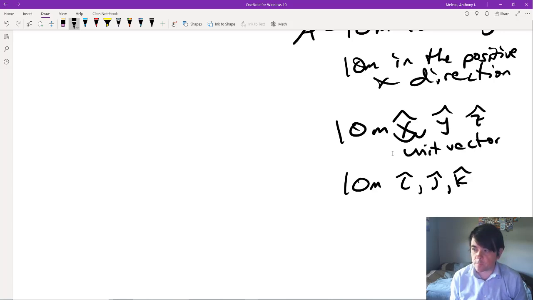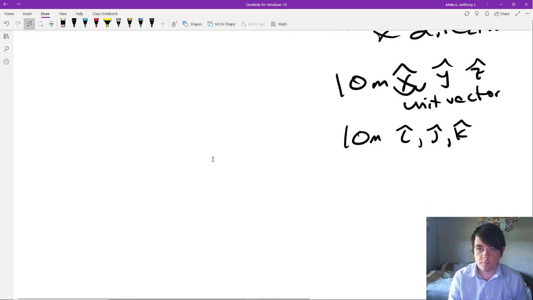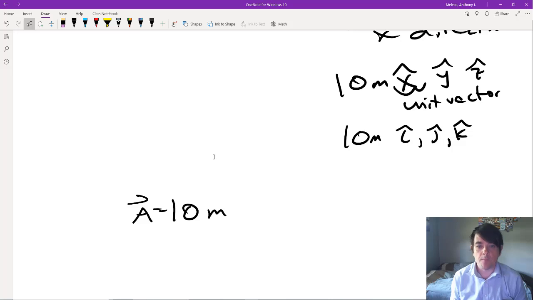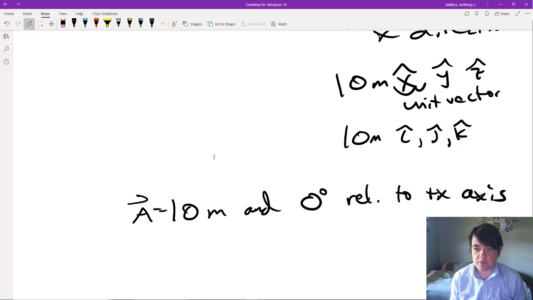But for the most part, one good way that I really like to identify a vector and its direction is to say the length of it. So we would say A equals 10 meters, and 0 degrees relative to positive x-axis.